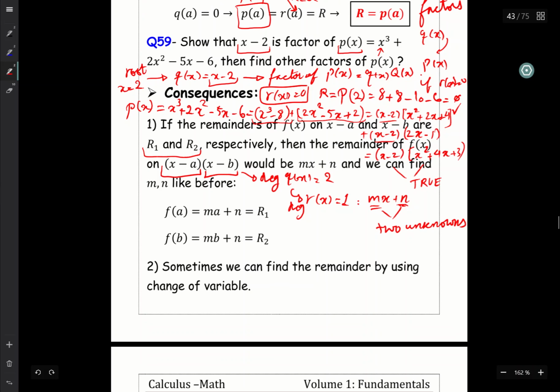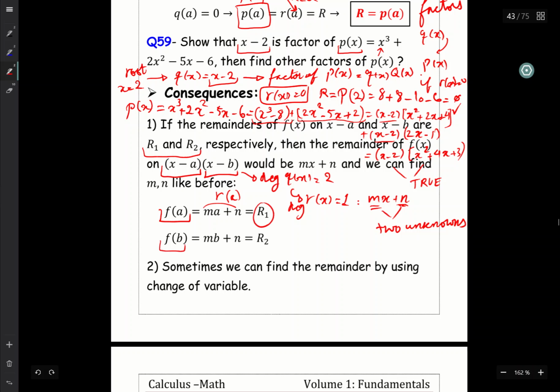Okay? However, because we already know the remainder of f on x minus a separately and x minus b separately, we can look at it this way. Now if I evaluate f at a, again, this x minus a times x minus b is still 0, right? So it becomes equal to the evaluation of r of x at a, which is ma plus n. However, the evaluation of f at a is the first remainder, r1.